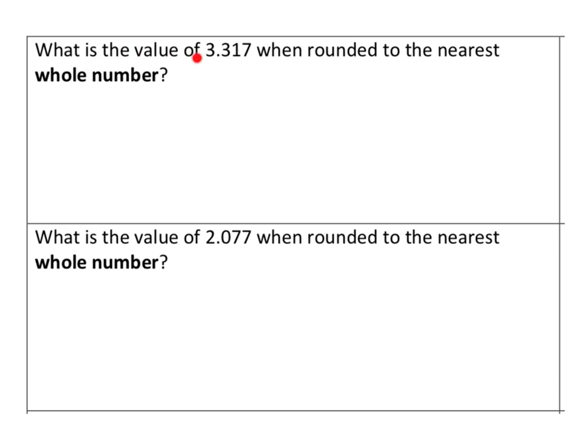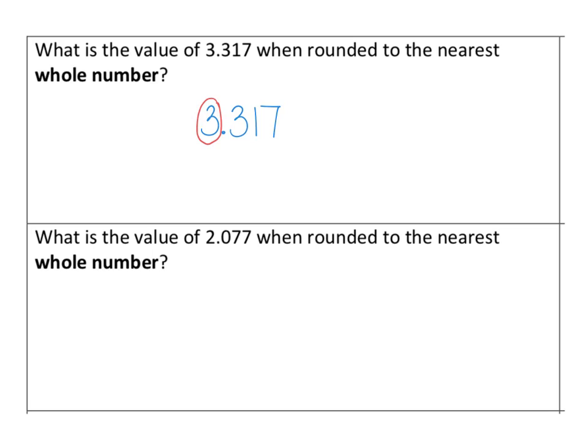Read the question with me. What is the value of 3 and 317 thousandths when rounded to the nearest whole number? So I'm going to write 3 and 317 in the box. I'm rounding to the nearest whole number. I'm going to circle my whole number, which is 3.